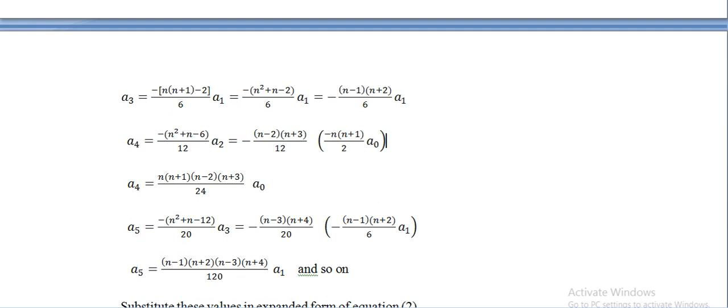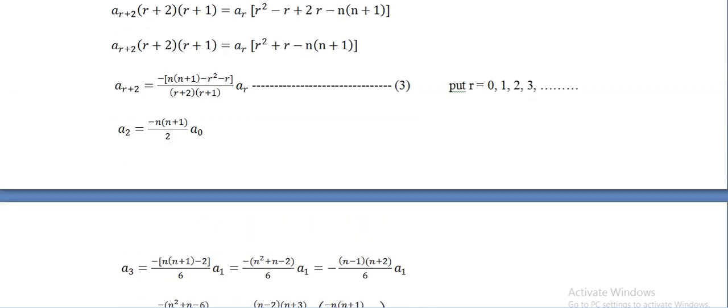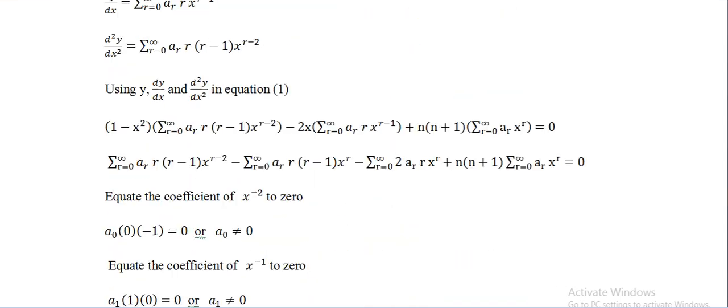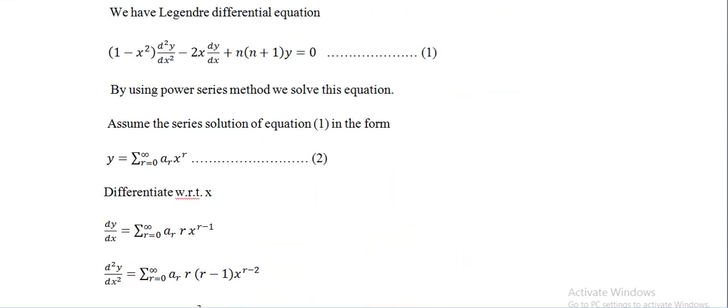So now we'll substitute all these values a0, a1, a2, a3, a5 in equation number 2. So this is our equation number 2. Before substituting these values, once again rewrite equation 2 by substituting r equal to 0, 1, 2, 3, 4 in equation number 2.